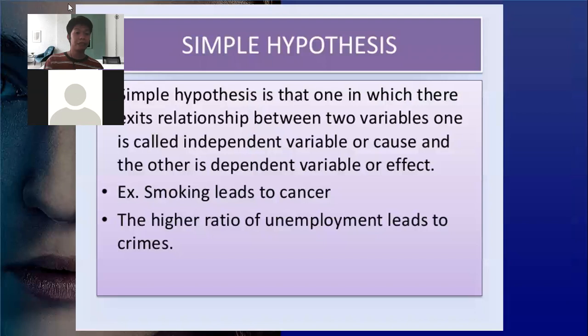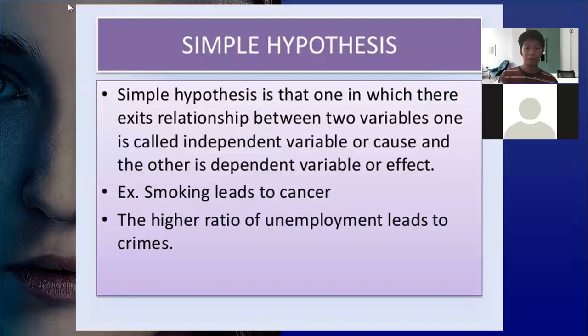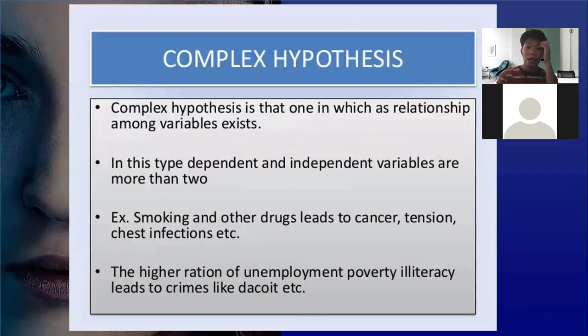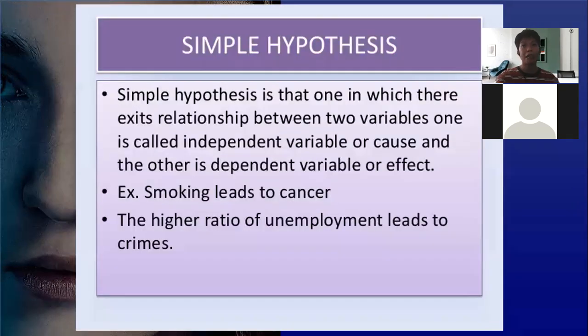Then we have different types of hypotheses. We have simple hypothesis and complex hypothesis based on the number of variables in your study. For simple hypothesis, it is the one in which there exists a relationship between two variables. One is called the independent variable or cause, and the other is the dependent variable or effect.